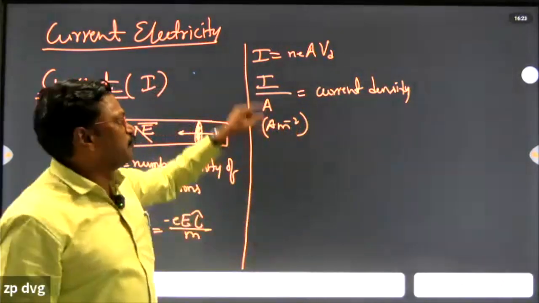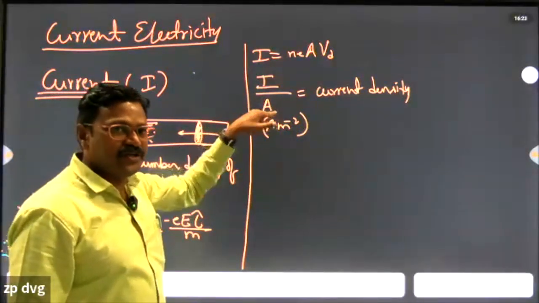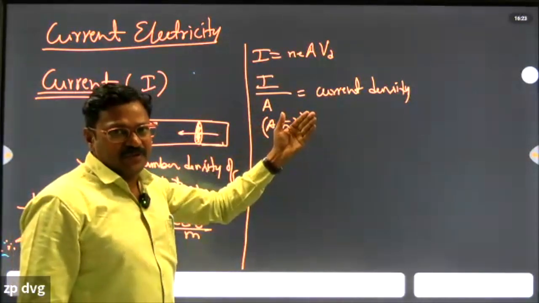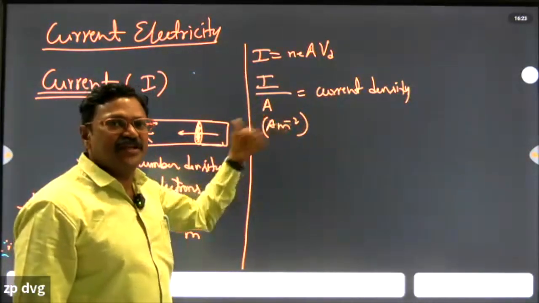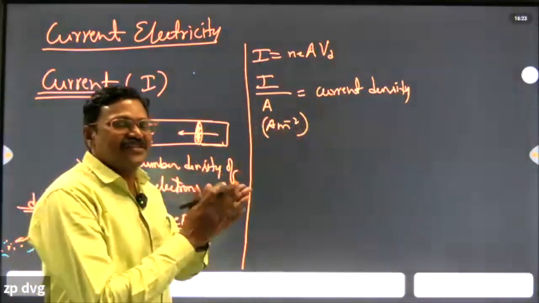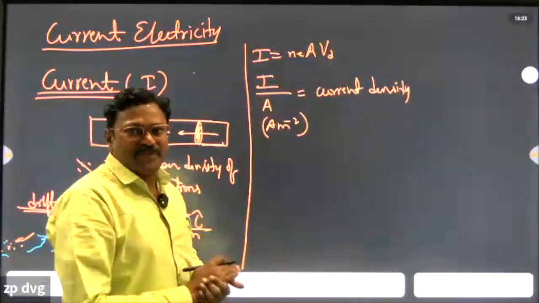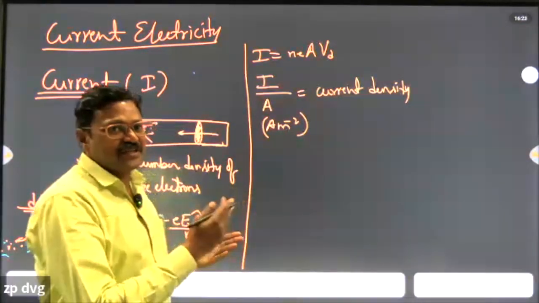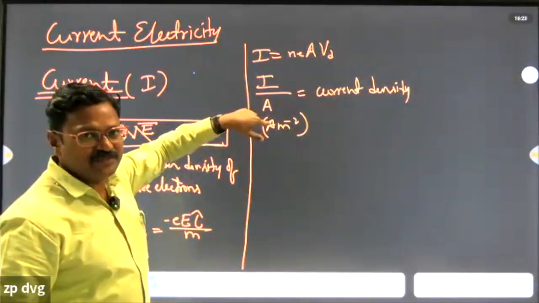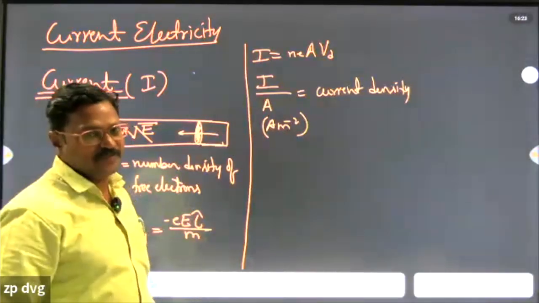Current density is a vector quantity. The direction of current density is along the direction of electric field, that is, along the direction of positive charges. So the direction of current density is along the direction of flow of current. Okay, the conventional direction of current that we take is the same as the current density direction. Its unit is ampere per meter square.